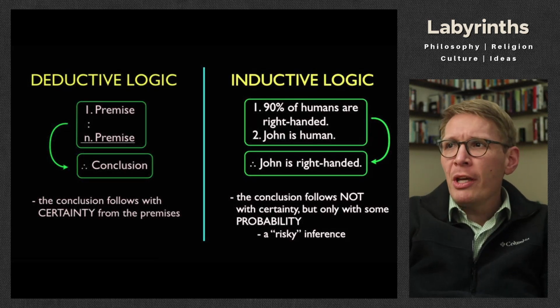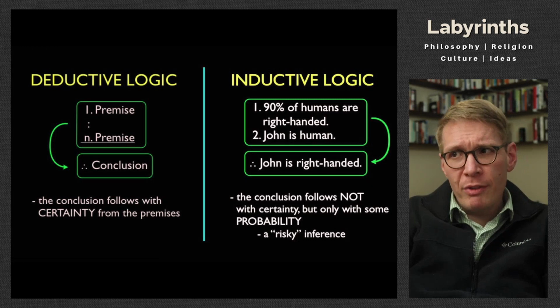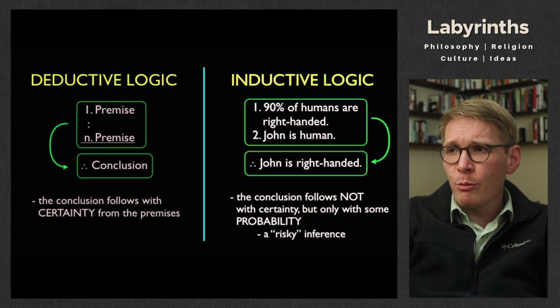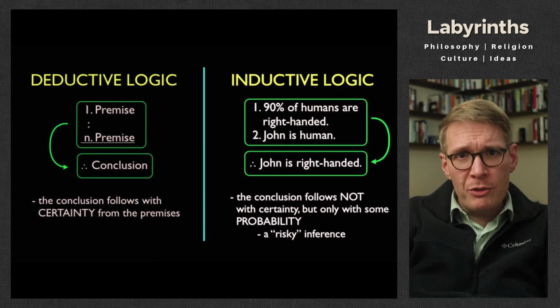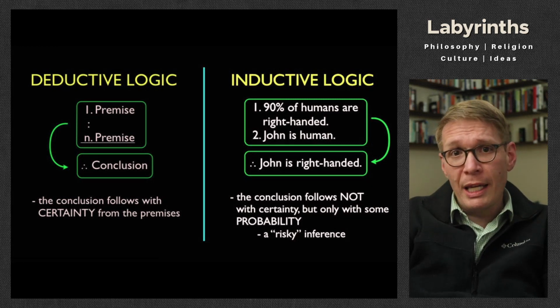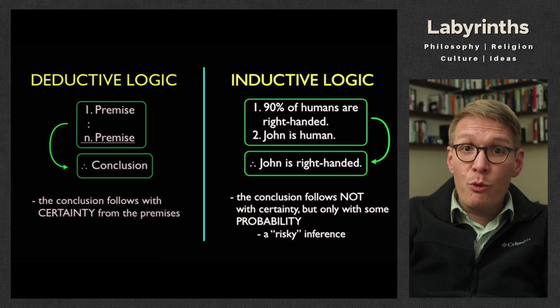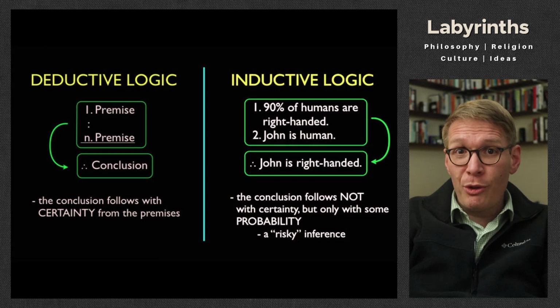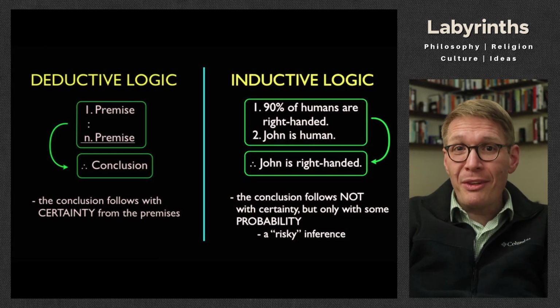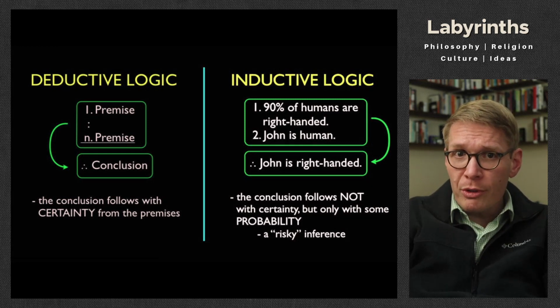Back to our chart. Deductive logic and inductive logic. Very helpful image, and thanks again to the producer of the image. In the case of deductive logic, I'm moving from a premise to a premise to a premise, something like given that, given that, given that, therefore the conclusion, right? And as we've emphasized already, that conclusion will follow with certainty from the premises. If the premises are true, then the conclusion I can know with certainty will be true.